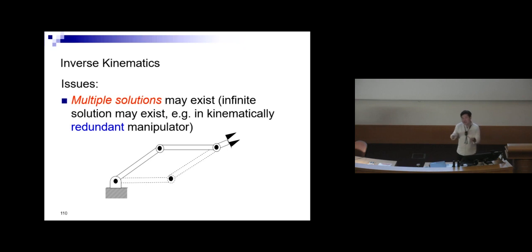If you have a manipulator that has more degrees of freedom than the desired degrees of freedom, you tend to have redundancy. For example, for this single end effector position, you can reach in this way, and you can also reach in this way with the planar RR manipulator.